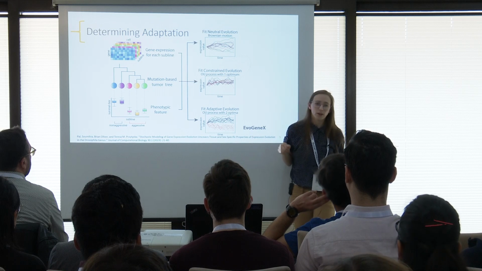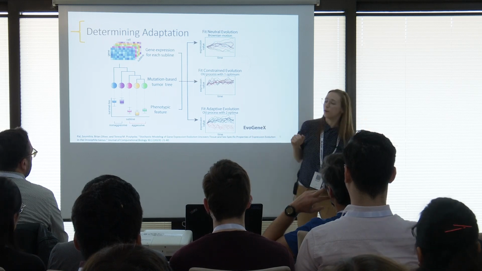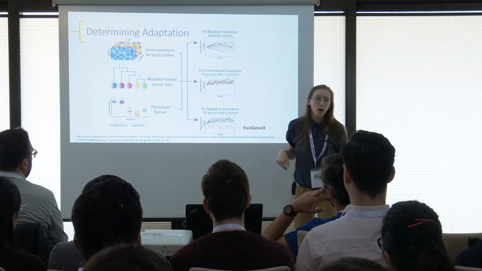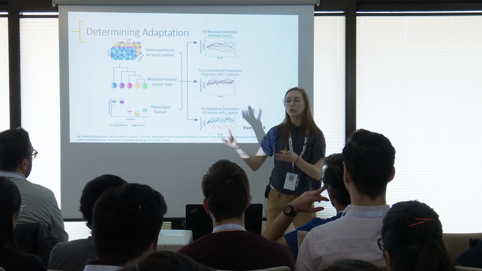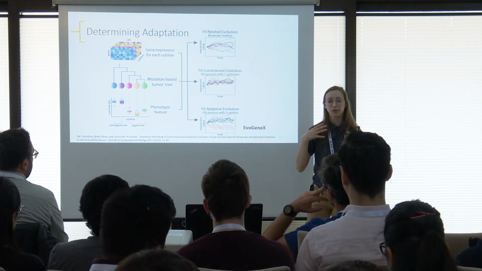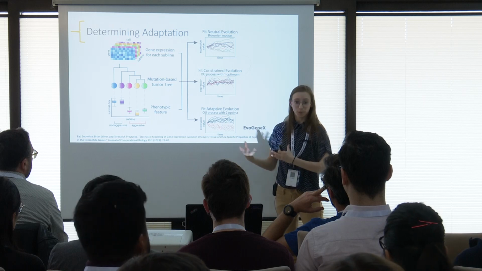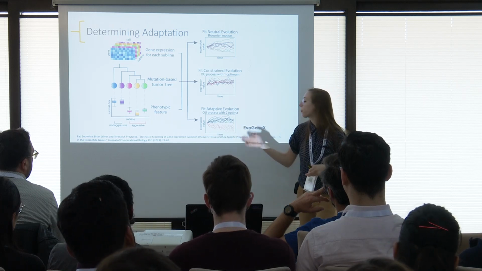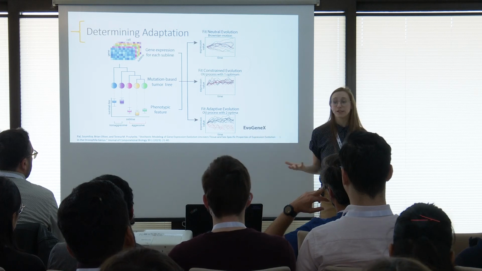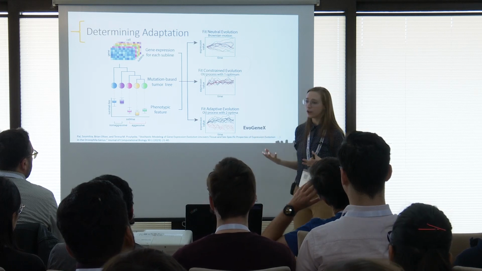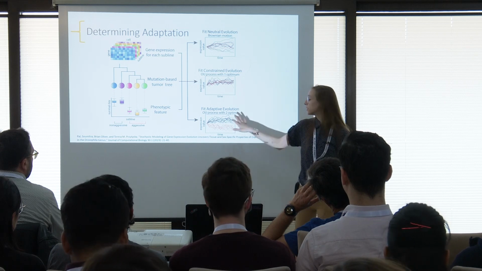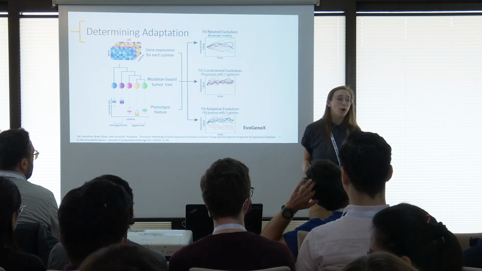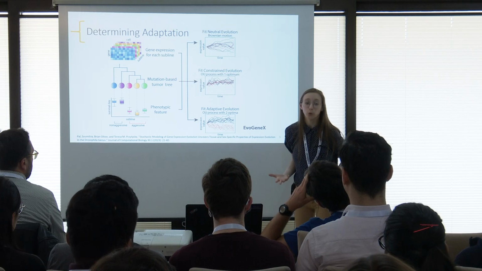And the third option we fit is adaptive evolution, and this is, again, an OU process, but with 2 optima, and this would be the case where one group of sublines is moving towards one optimum gene expression level, but a different group is moving to a different value. And so this would be the case, maybe there are 2 different selective pressures acting on the different groups of subclones, causing these different values, or it could be one pressure, but they're adapting in different ways.